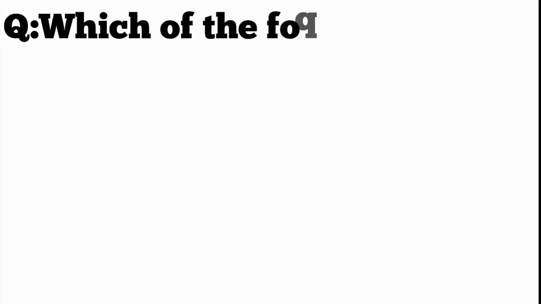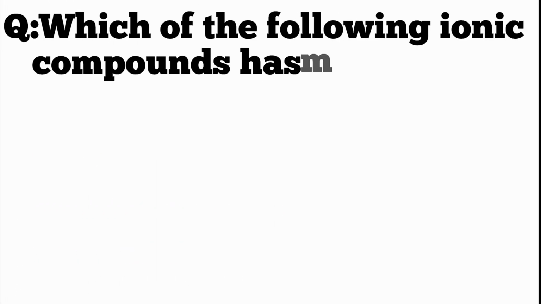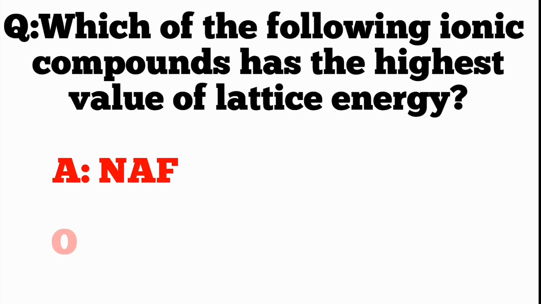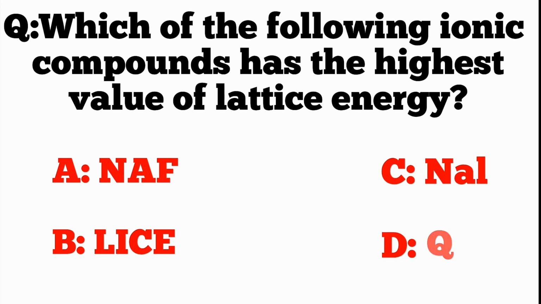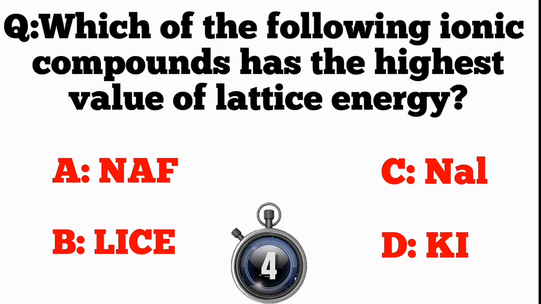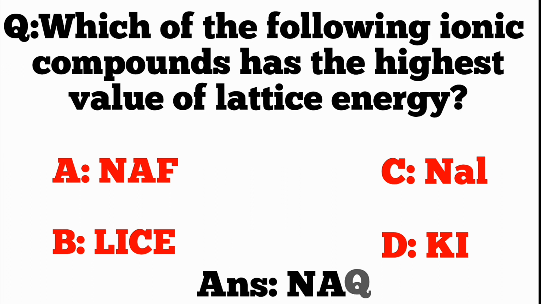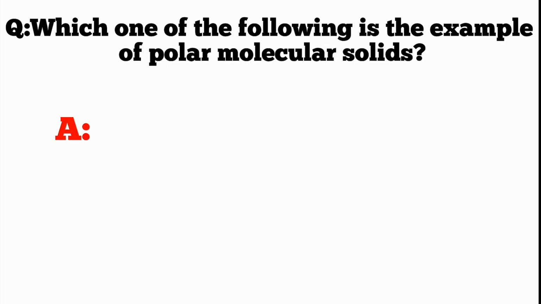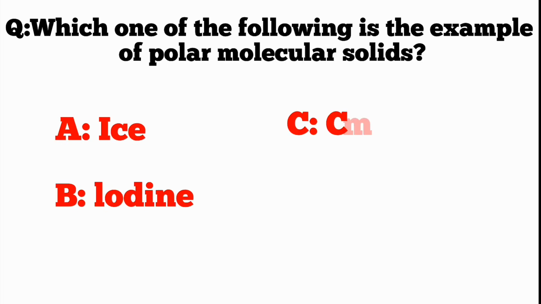Q. Which of the following ionic compounds has the highest value of lattice energy? A. NaF. B. LiBr. C. NaI. D. KI. Ans. NaF. Q. Which one of the following is the example of polar molecular solids? A. Ice. B. Iodine. C. Copper.